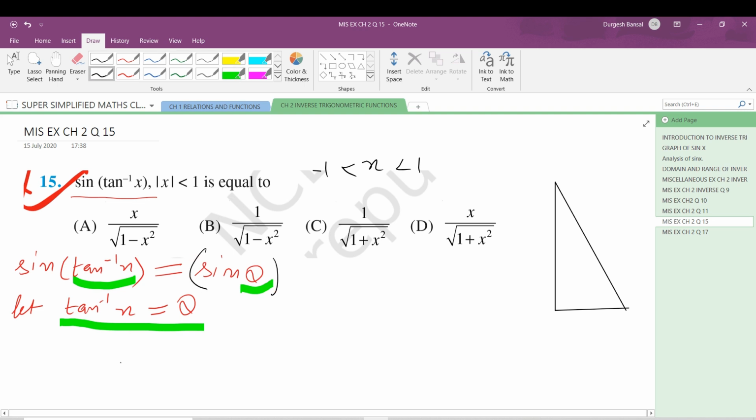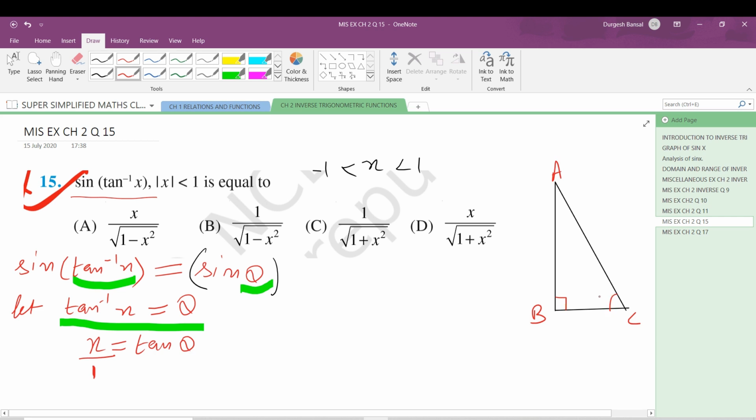Okay, now let us come back to our substitution. We have made the substitution tan inverse x to be theta. So x is going to be tan theta. So x by 1 is going to be tan theta. So now let us consider a right angled triangle. You can see this right angled triangle ABC, and this angle is 90 degree.